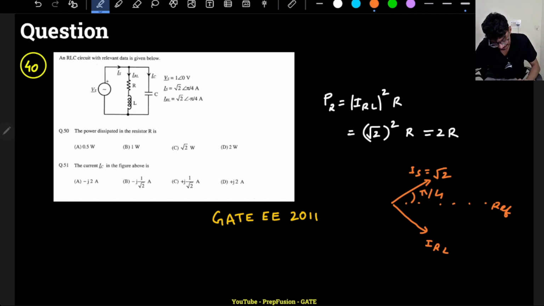So what about the capacitor current? If the supply voltage is here, this is the reference, right? So of course capacitor current leads the supply by 90 degrees. So of course it will be here.